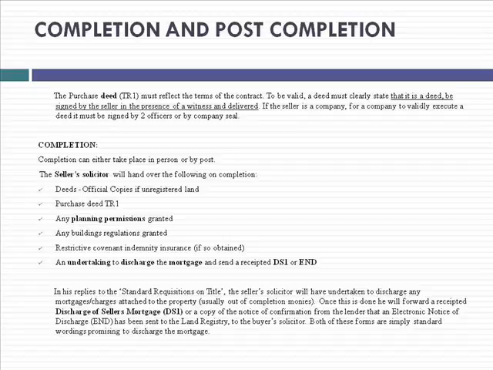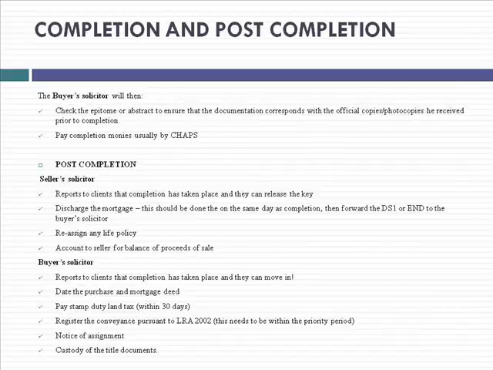Both of these forms are simply standard wordings promising to discharge the mortgage. The buyer's solicitor will then check the epitome or abstract to ensure that the documentation corresponds with the official copies/photocopies he received prior to completion. Pay completion monies usually by CHAPS.